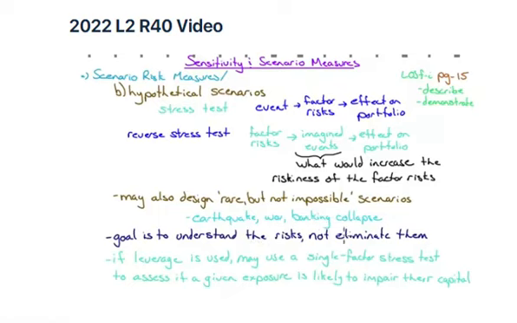If leverage is used, you may use a single factor stress test to assess if a given exposure is likely to impair your capital. So what do we mean by that statement? Well, let's take something like banks or very leveraged funds. The big problem that they run into is, what's the point of stressing all of your stress factors when one of them can cause a liquidity event?